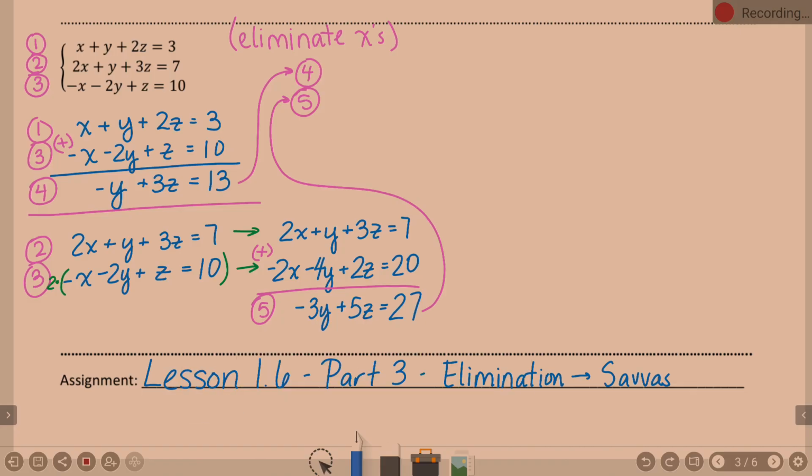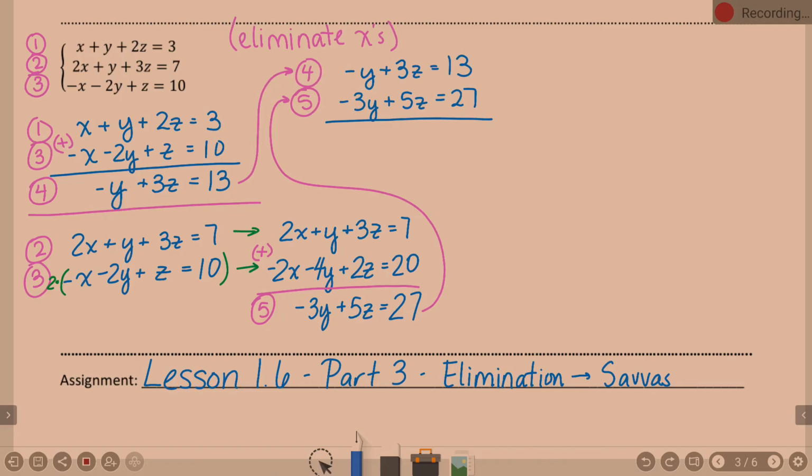Let's see. Equation 4: negative y plus 3z equals 13. Equation 5: negative 3y plus 5z equals 27. We're down to 2 variables.